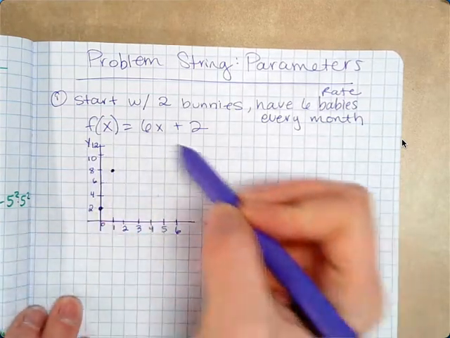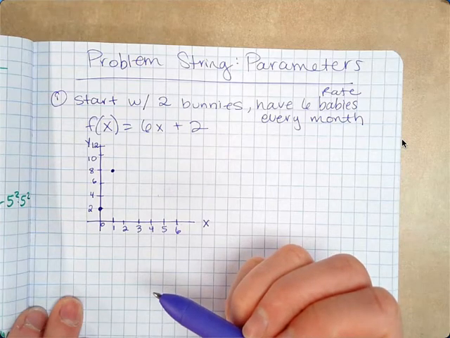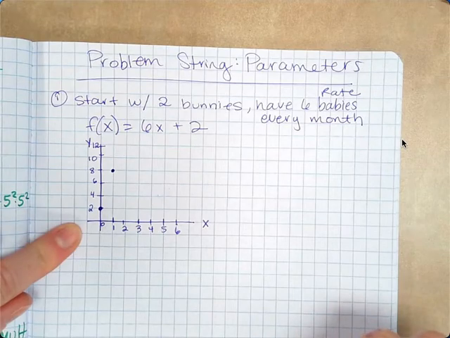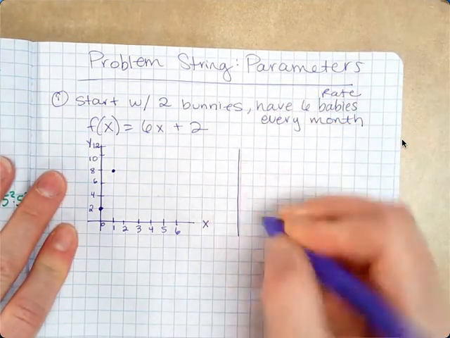This doesn't really help me much, does it? So I need to do a better job. What do you think our y's should go by? Maybe 5s? I'm going to rewrite it.